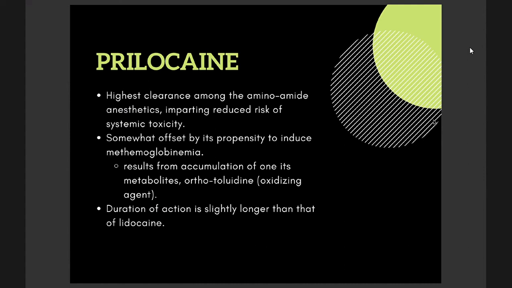A dose greater than 600 milligrams can produce clinical methemoglobinemia, making the patient appear cyanotic. But this methemoglobinemia is said to be transient because the condition is spontaneously reversible or may be treated by IV administration of methylene blue at a dose of 1 to 2 milligrams per kilogram.